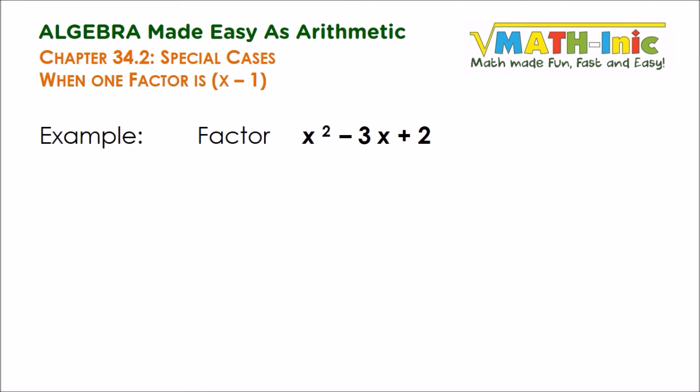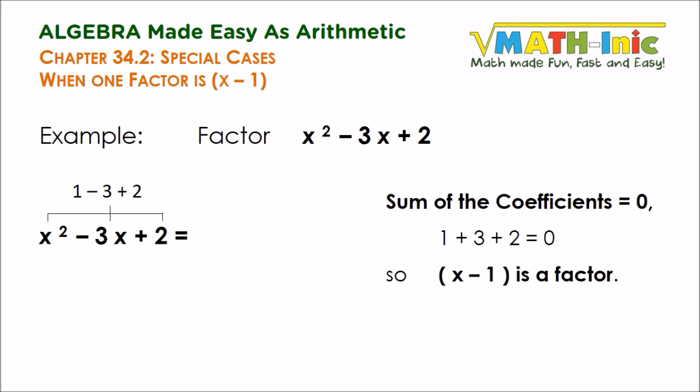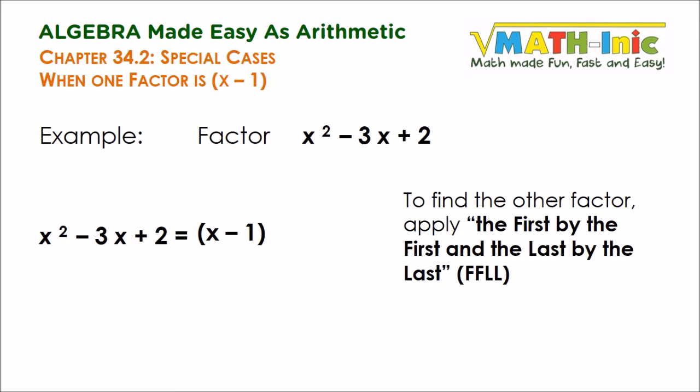If, for example, we want to factor x squared minus 3x plus 2, we see that the sum of the coefficients is equal to 0. 1 minus 3 plus 2 is 0. So x minus 1 is a factor of x squared minus 3x plus 2. To find the other factor, we can again apply the first by the first and the last by the last.